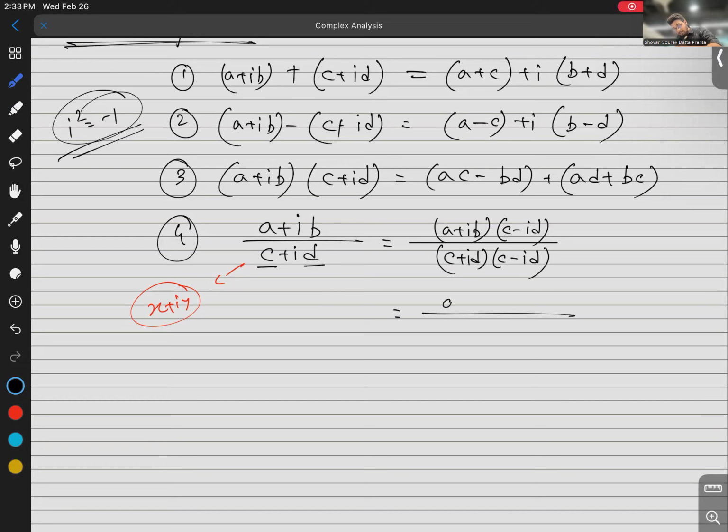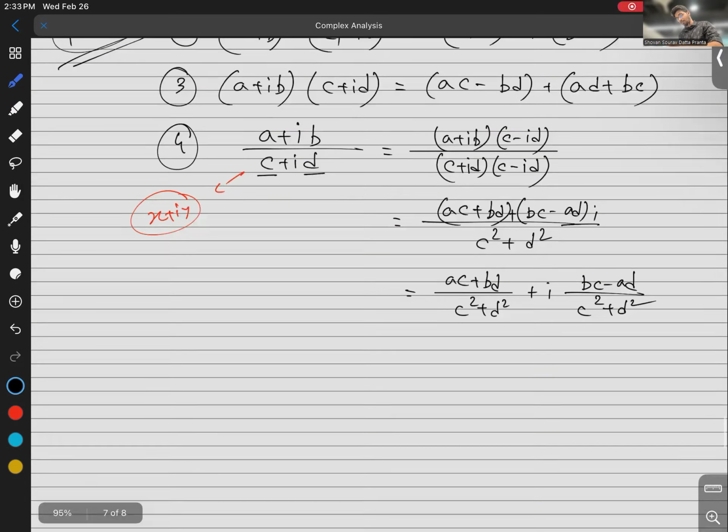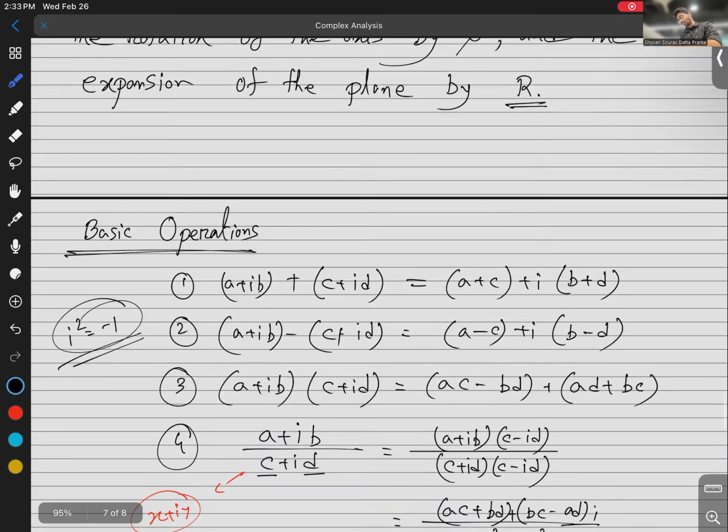So we get ac plus bd plus i times bc minus ad, over c squared plus d squared. Okay, so this is the basic representation of this number, and these are the basic operations for a complex number.